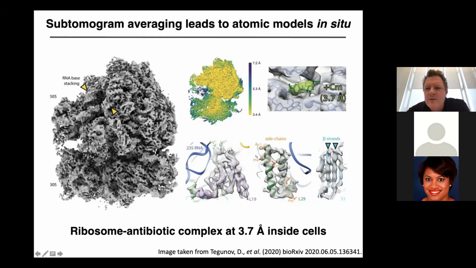They were even able to see a single drug molecule buried in the core of the ribosome. So there is no real physical reason why we cannot do high resolution reconstructions of protein complexes in the cell, which will definitely provide more information than those purified recombinantly.